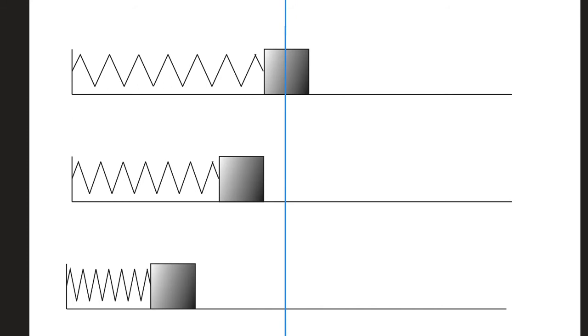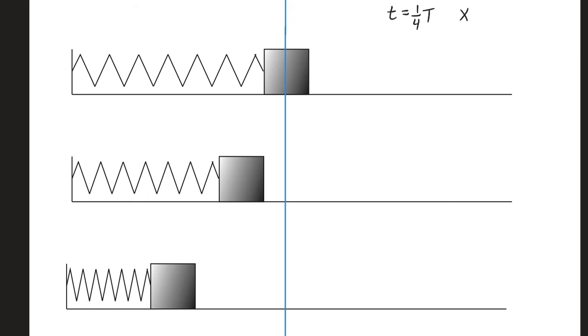At this moment, our next position, this represents 1/4 of the period because we are back at equilibrium, so we are halfway to the other side. This will be 1/4 of the oscillation.